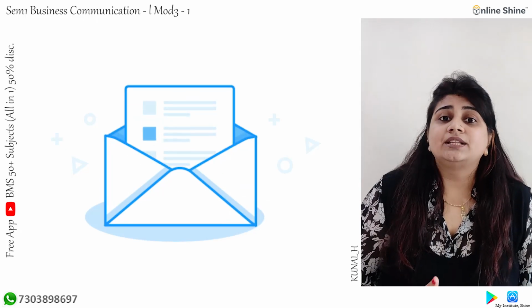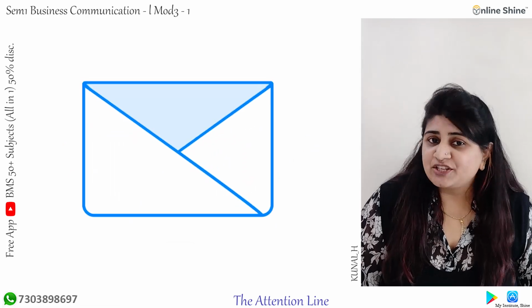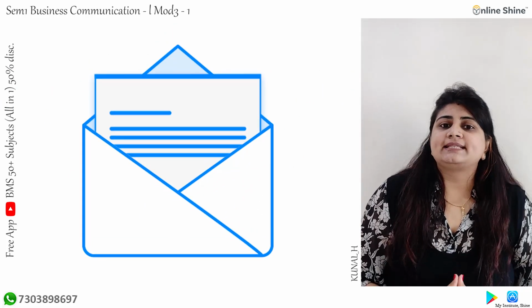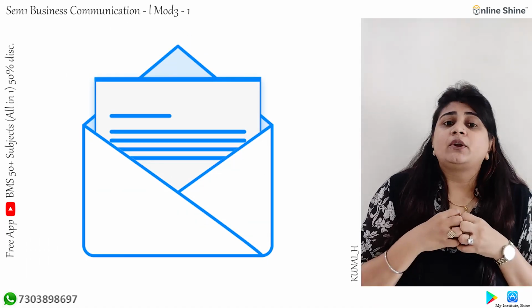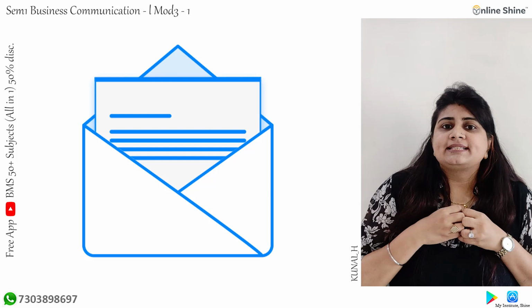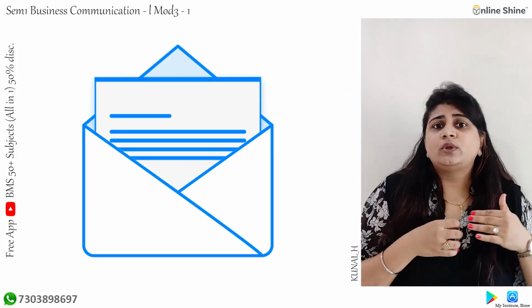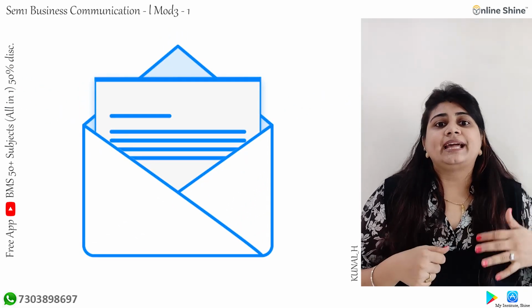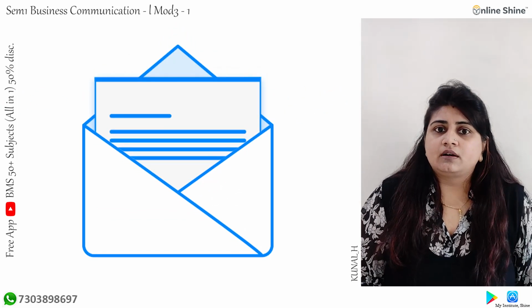Now let's look at the third part, which is the attention line. Attention line basically is a line or the name of the person who is particularly handling that particular correspondence or particular matter. So, for example, I may be writing to company XYZ with whom I'm having my business relations as a supplier, but I know that Mr. Amal Bosco is the one who is handling this particular purchase order or sales order query.